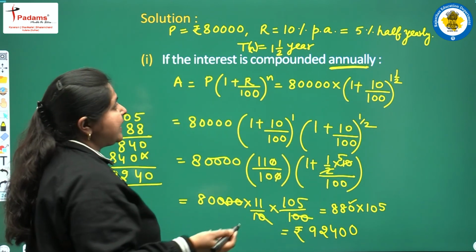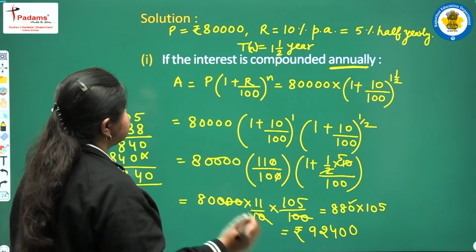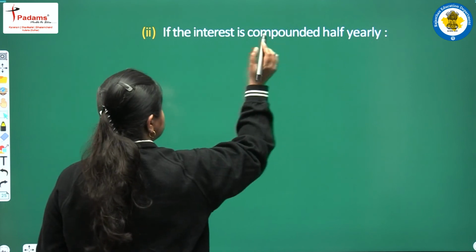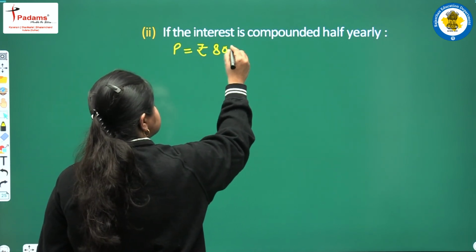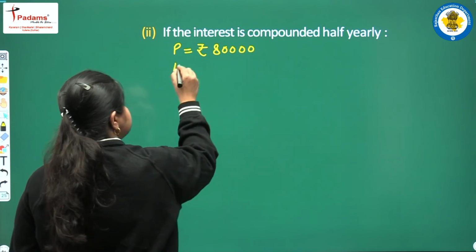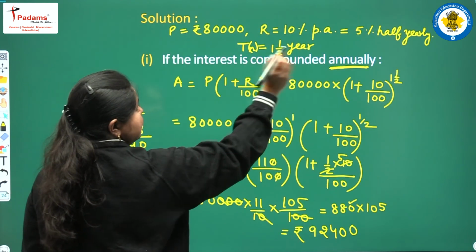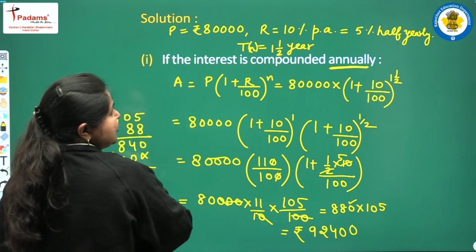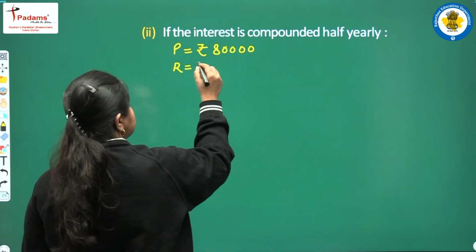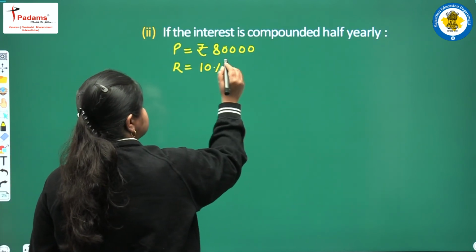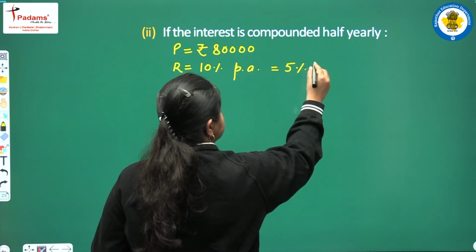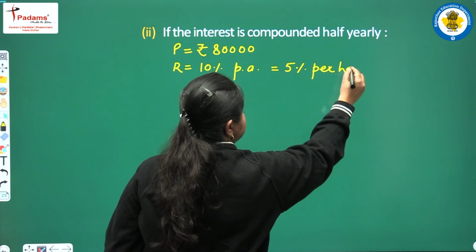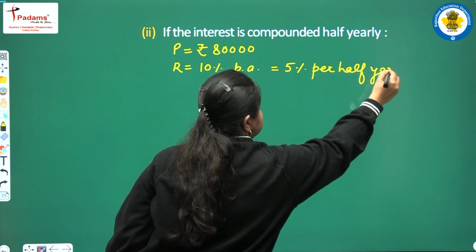अब यही केस हम लेंगे for half yearly computation. Let us take for half yearly computation. Again the principal is rupees 80,000. Rate, it is 10% for annual computation and 5 for half yearly computation. So 10% per annum and 5% per half year.